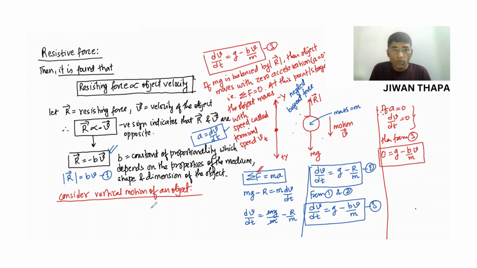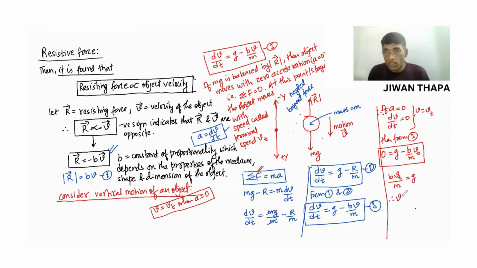The object moves with speed V equals Vt when acceleration is 0, so we replace V by Vt. Therefore, B times Vt by m equals g.